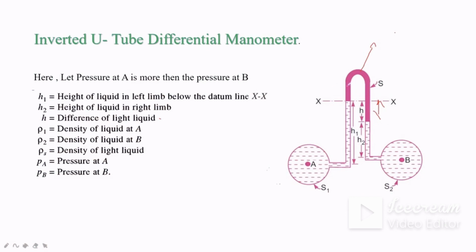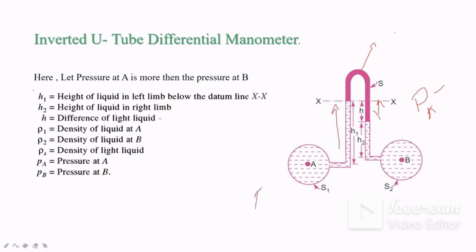But due to the inverted tube, we will get a negative term. If this were a U-tube differential manometer, that would be correct. But here it is inverted, right? So we are subtracting the value, because this has to move against gravity.